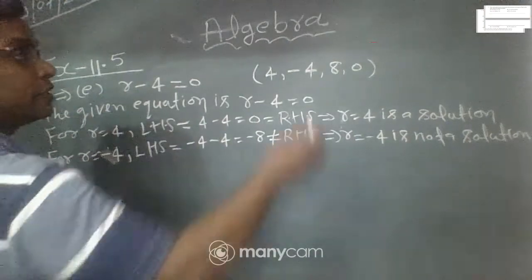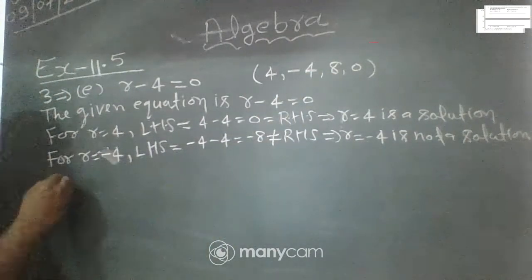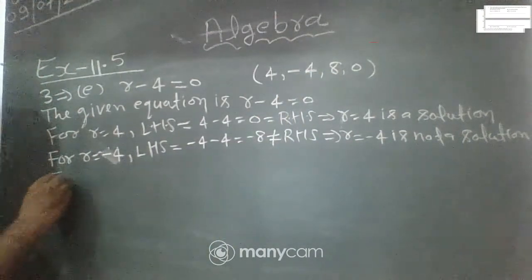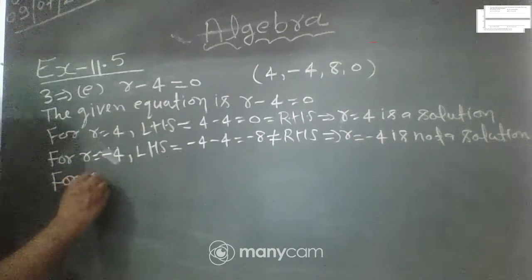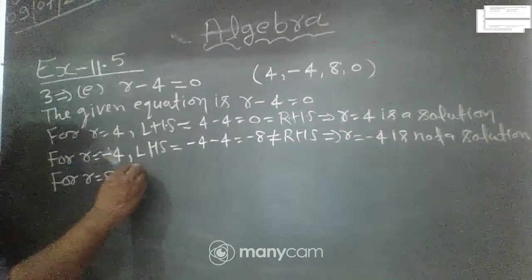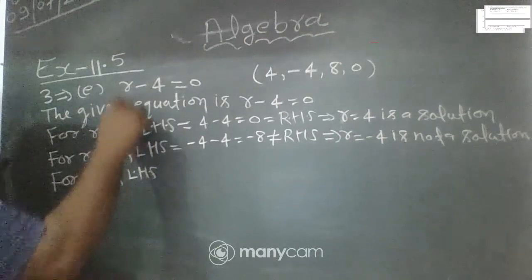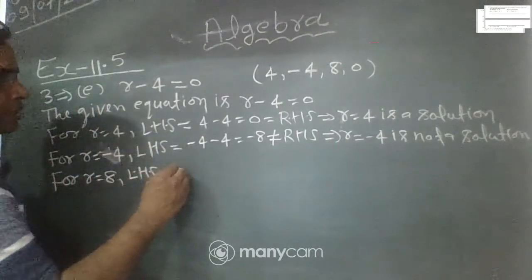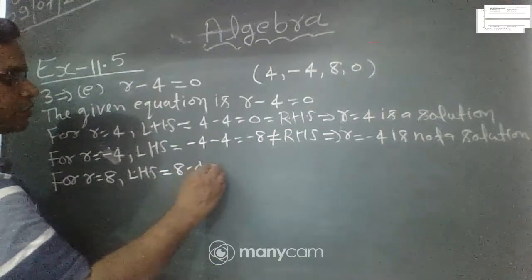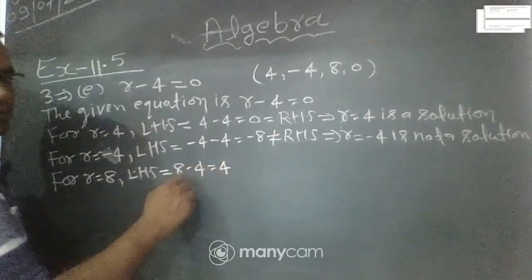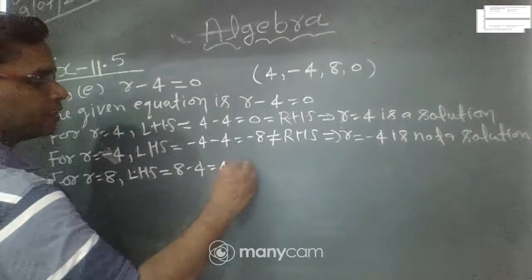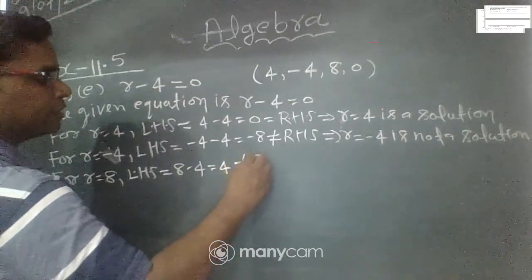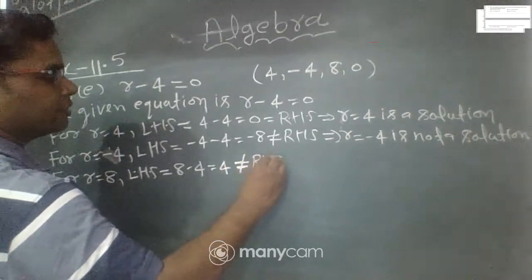And the next option is 8. So we write here, for r is equal to 8, the left hand side is, we put the value of r as 8. So we obtain in the left hand side 8 minus 4, which is equal to 4. This is not equal to the right hand side, because the right hand side is given as 0.